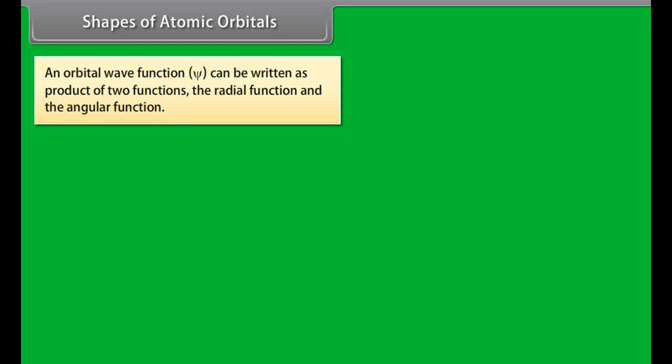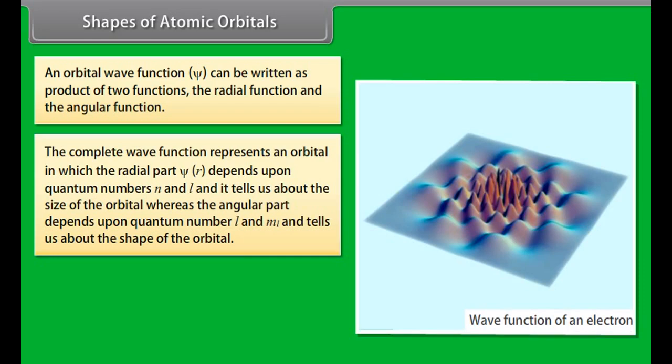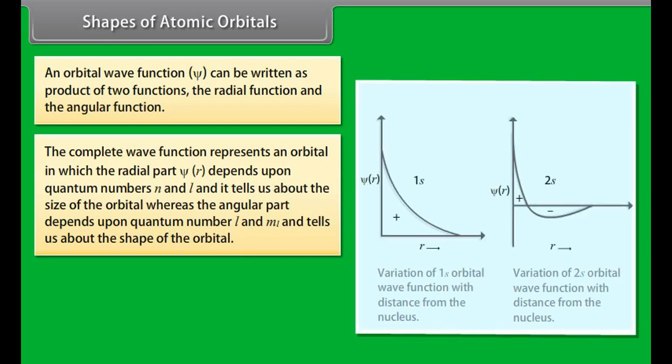Shapes of atomic orbitals. An orbital wave function ψ can be written as a product of two functions, the radial function and the angular function. So, the complete wave function represents an orbital in which the radial part, ψ(r), depends upon quantum numbers n and l, and it tells us about the size of the orbital, whereas the angular part depends upon quantum numbers l and ml and tells us about the shape of the orbital.